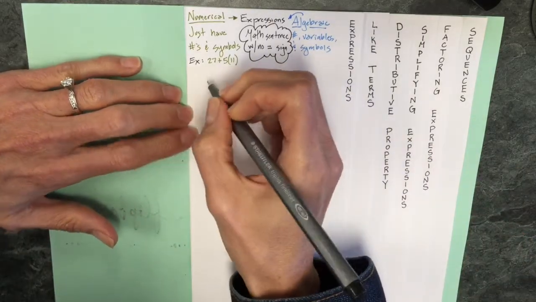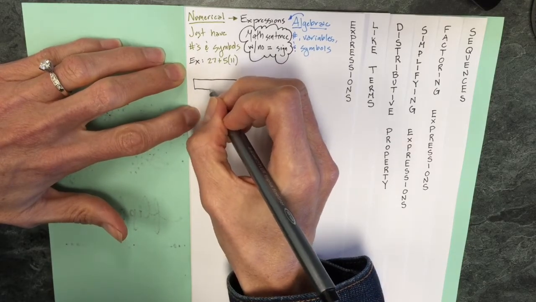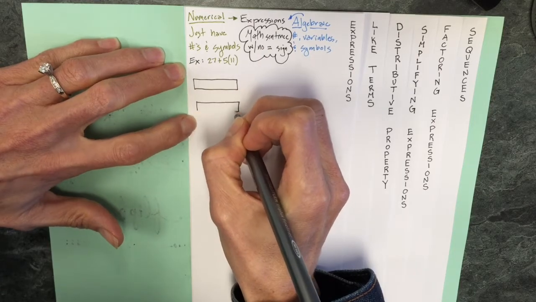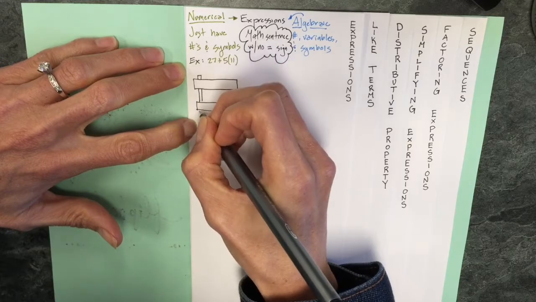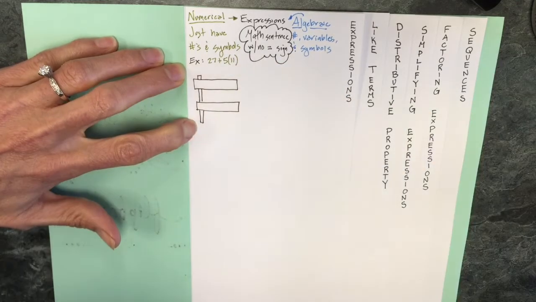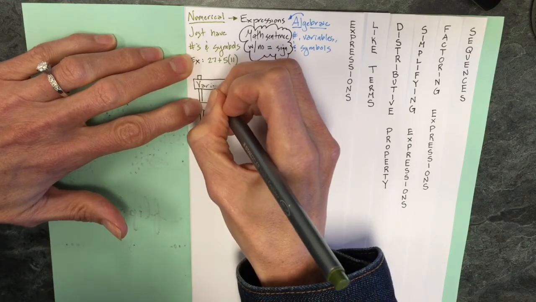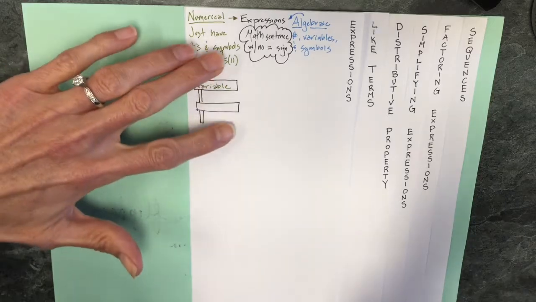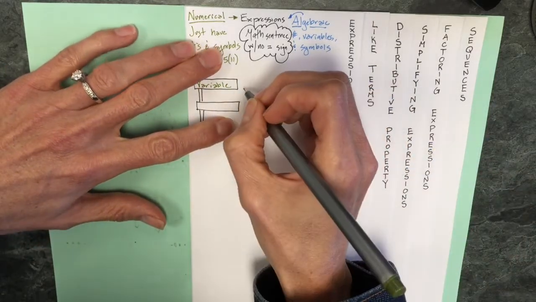We have variables. And I think at this point you've heard the word before. If you don't know what it means, a variable is a letter that represents a number, an unknown number.